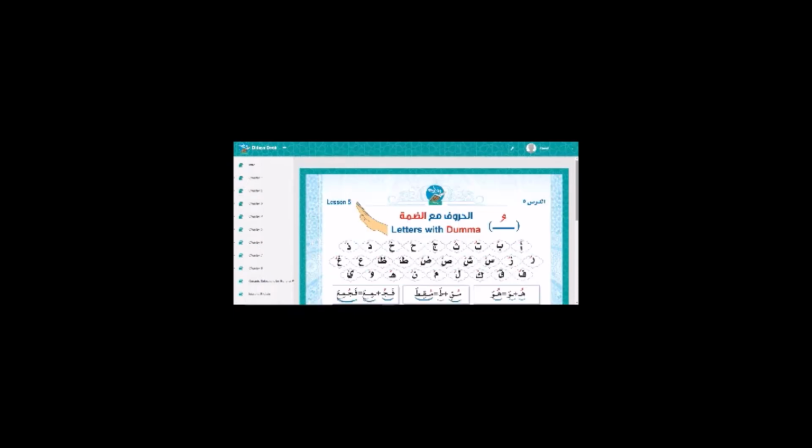So let's start off with the first lesson. You can see, you click each letter and the student can repeat after or test him or herself. This is lesson 1, and let's move into chapter 2, let's say maybe lesson 5.